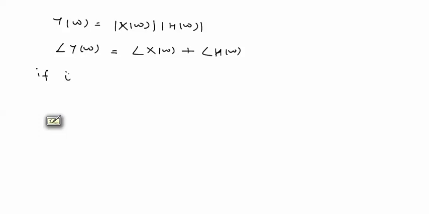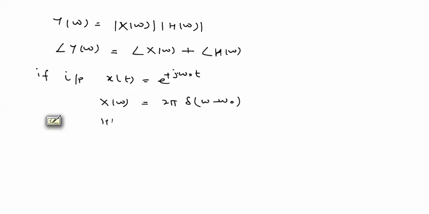If input x(t) is e to the power plus j omega t, then for calculating the result we take Fourier transform in both directions, giving H(omega) 2 pi H(omega naught) multiplied with impulse.